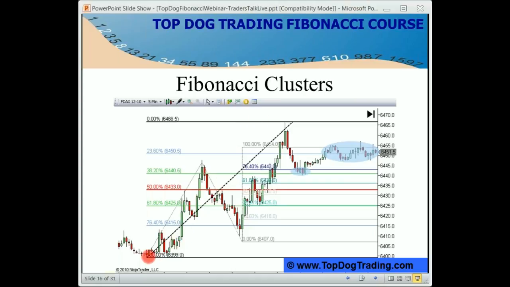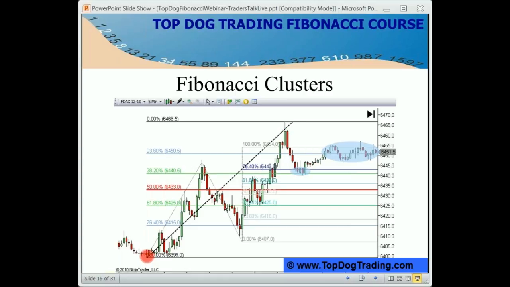So Fibonacci clusters. All right, so here we've got a major low to a major high, and you can see here we have our Fibonacci retracement levels as it comes down. Then I also said, as we talked about, it doesn't go straight up there, right? It meanders. So it goes up here, goes down here, and then it gets up here.